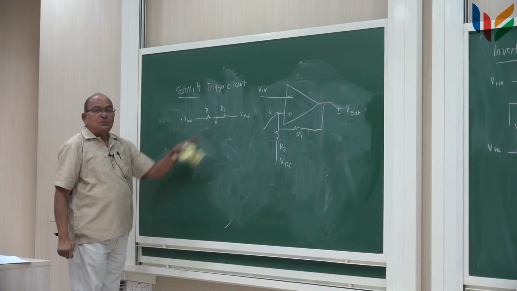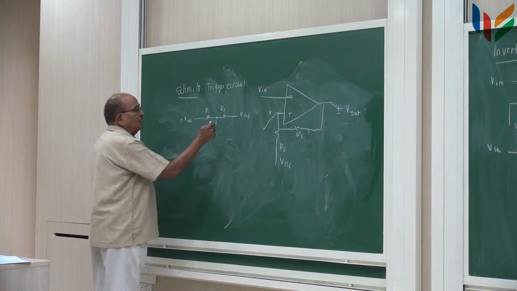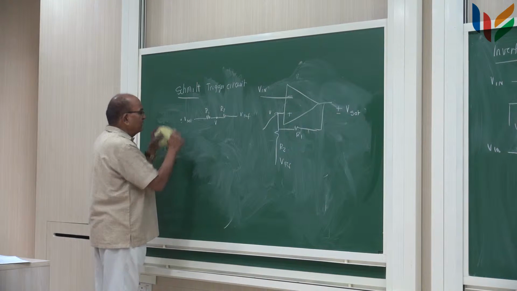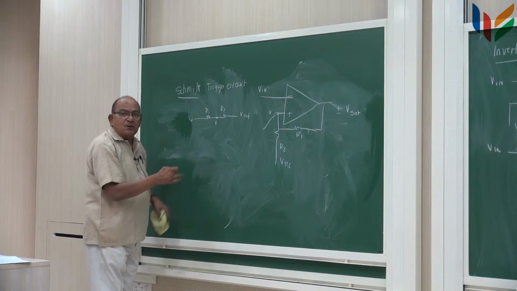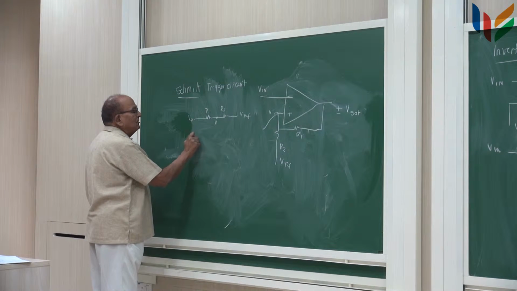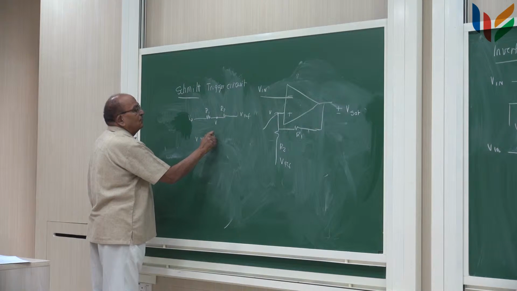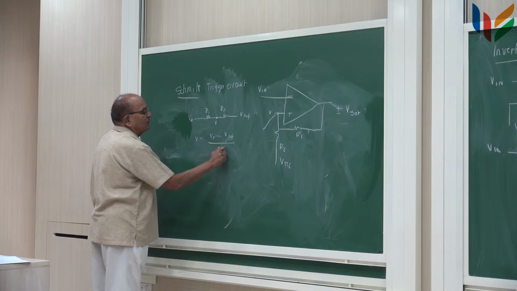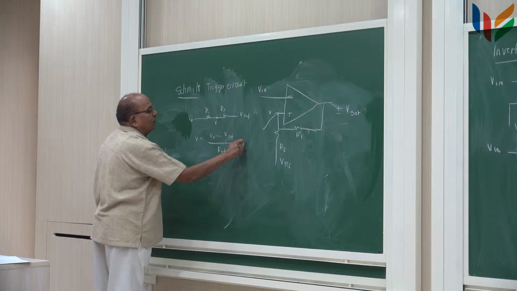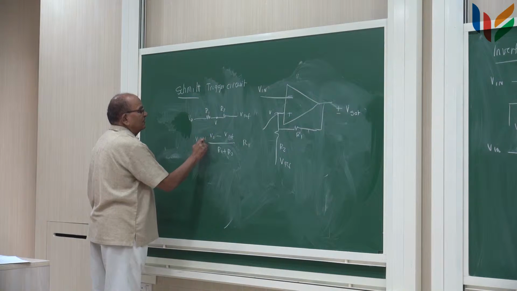So, the voltage here will be equal to, let me call it V 0 instead of saying sat, it may be plus or minus. So, then the V is equal to (V 0 minus V reference) divided by (R 1 plus R 2) into R 1, V 0 minus.